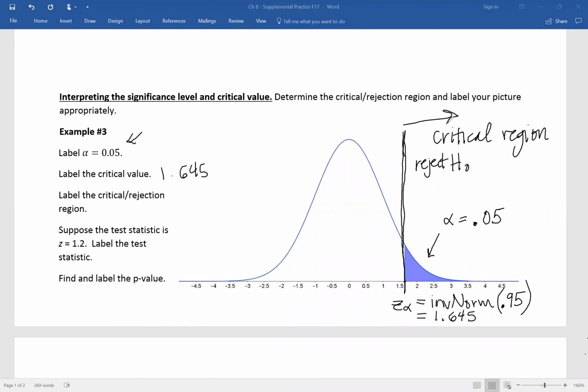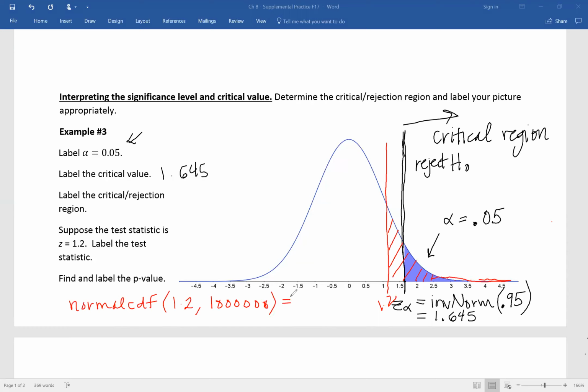So let's suppose that our test statistic is 1.2. Well, that falls right here. The p-value is the area beyond the test statistic into the tails. That is the small red shaded region here. We could find that area by using normal CDF from the lower bound, 1.2, out into the positive tail, 1 million.